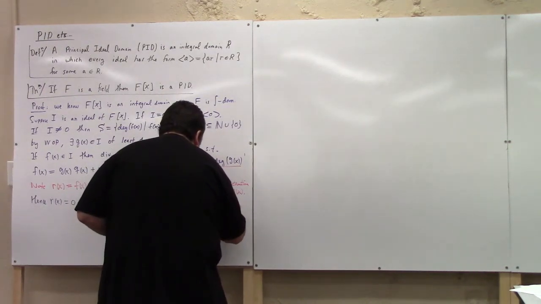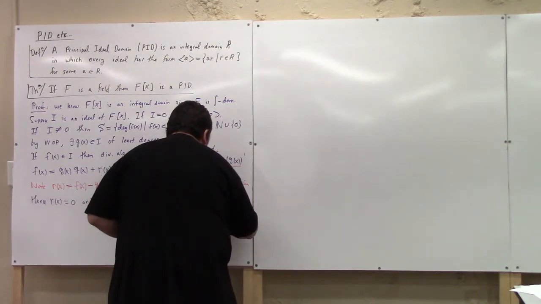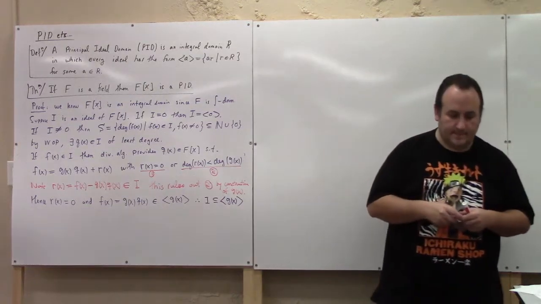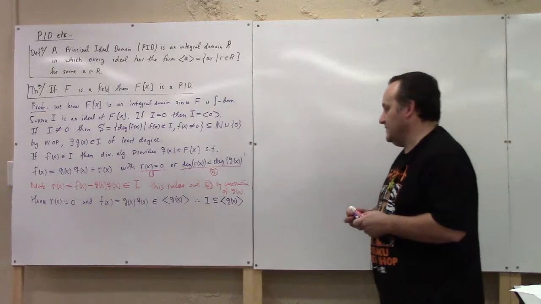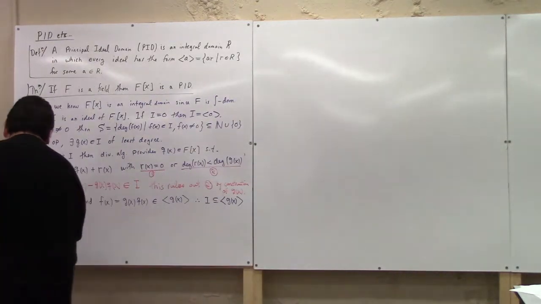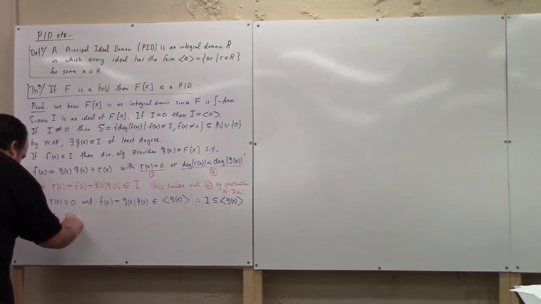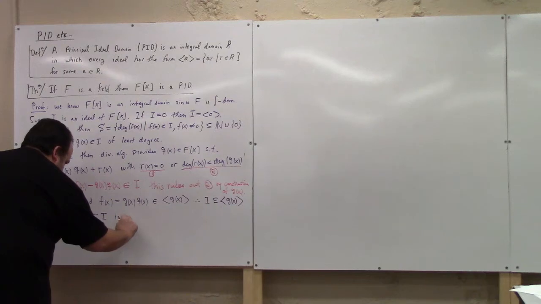I'd like to prove that it's a subset of the ideal generated by g(x). I say conversely, the ideal generated by g(x) being a subset of I is easy to see. Can you guys tell me why?